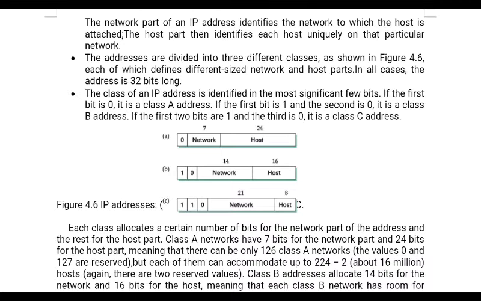But here also 16 bits are reserved to represent the host addresses, so each network is able to connect up to 65,536. Here also it is not feasible, as in a single network it is difficult to connect all 65,536 computers.